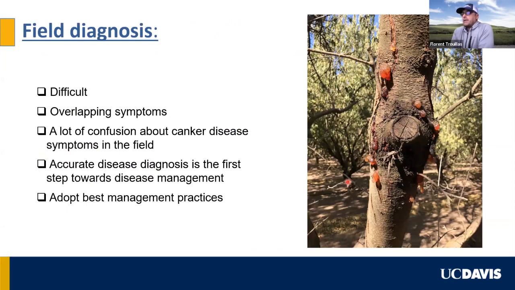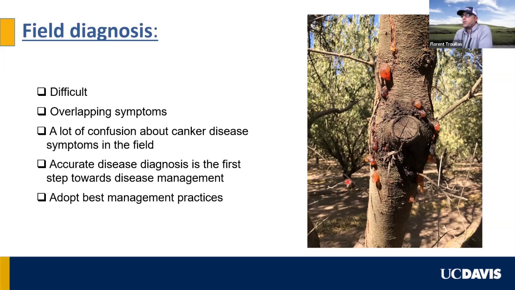I try to orient my talk with a lot of pictures that illustrate field symptoms, because one major issue out there is field diagnostics, and getting PCAs and farmers to really understand what's going on when they see gumming on a tree.